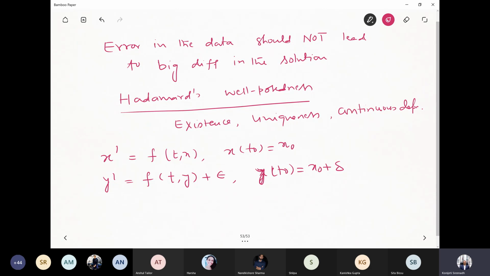What is the meaning of continuous dependence? It means that as epsilon and delta go to 0, we need x(t) minus y(t) to go to 0 uniformly.